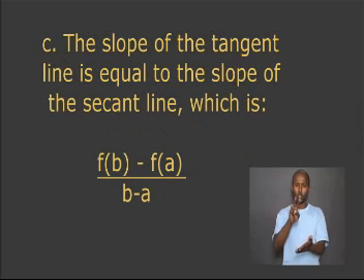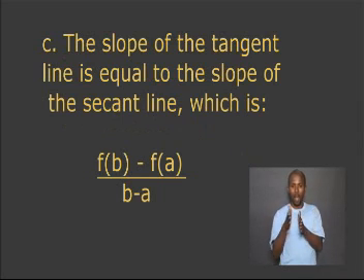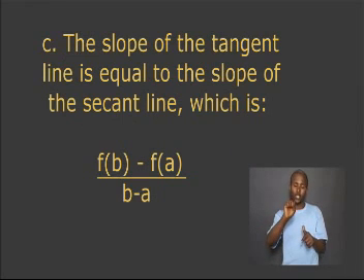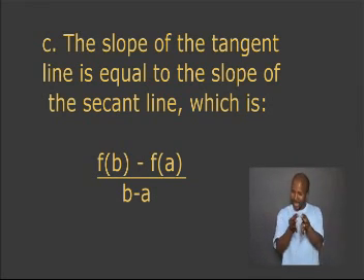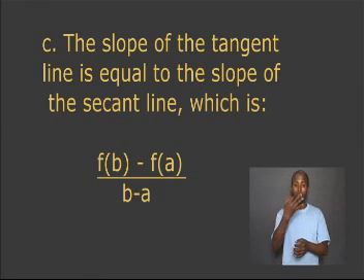Since two non-vertical parallel lines have the same slope, we can conclude that the slope of the tangent line is equal to the slope of the secant line. This is expressed by (f(b) minus f(a)) over (b minus a).